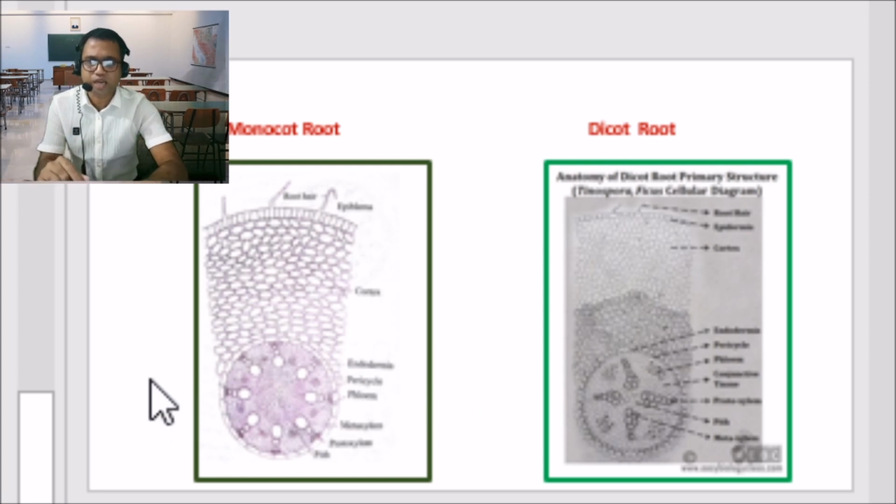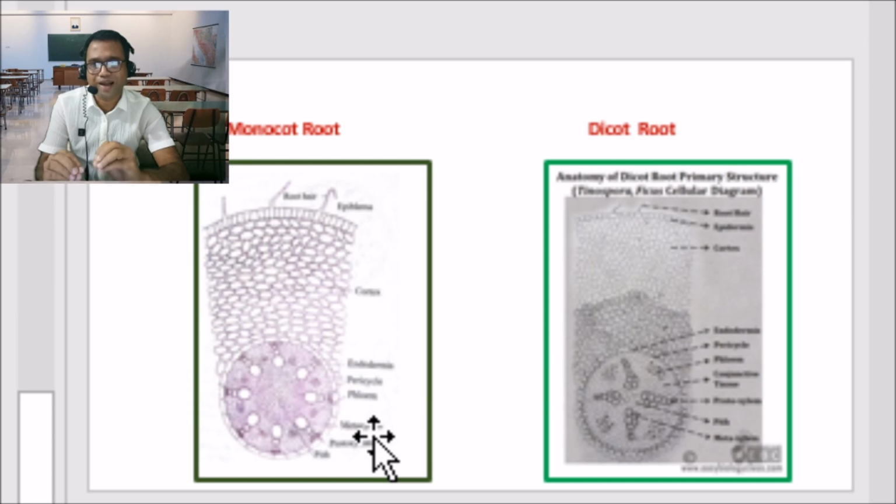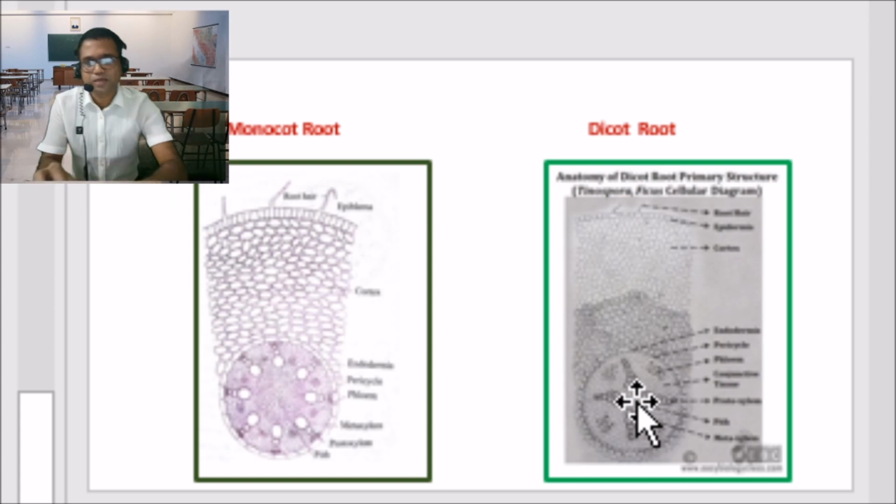First one, number of vascular bundles. In monocot root, the number of vascular bundles is more than 6, but in dicot root, the number of vascular bundles is 2 or 5 or less than 6. Here the number of vascular bundles is 4. Next one, pith size.